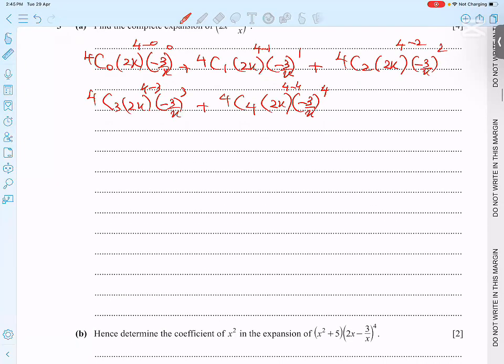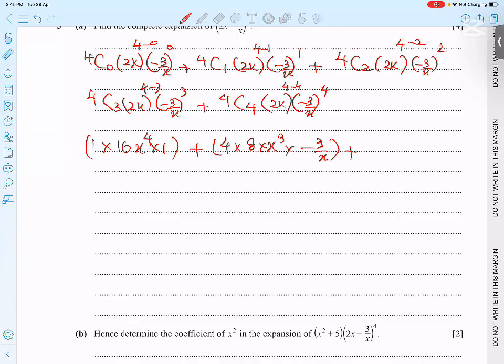Use your calculator. And 4C0 is 1. 2 to the power 4 is 16. x to the power 4 into 1. And 4C1 is 4 into 2 to the power 3 is 8 into x to the power 3 into negative 3 over x. So if we check it, the next value coming here is 4C2.